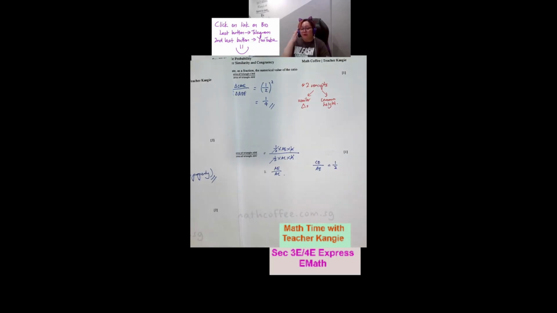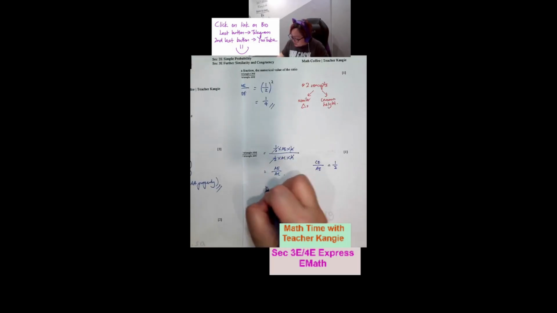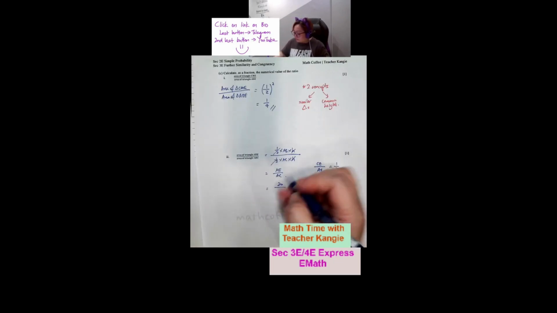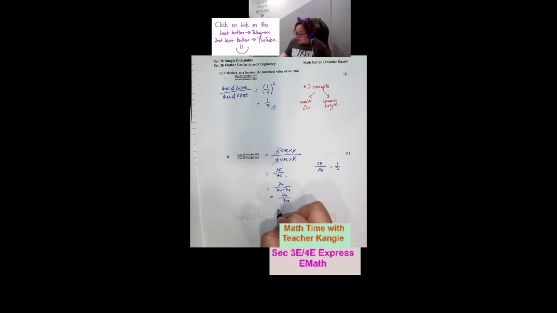It's the same pair of triangles. They want AE over AC. So therefore, my AE is 2 units. AC is 2 plus 1. Agree now? 2 units plus 1 unit. Therefore, it is 2 units over 3 units, and it is equals to 2/3.